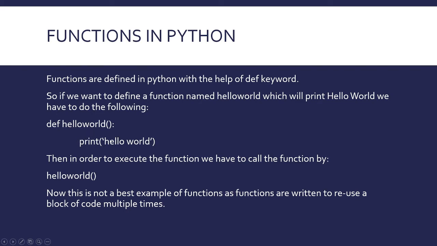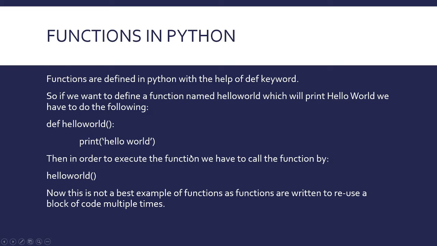This print statement is only one statement in our case, but we can add multiple statements, which we will see in further slides. This print statement will be executed whenever the hello world function is called.